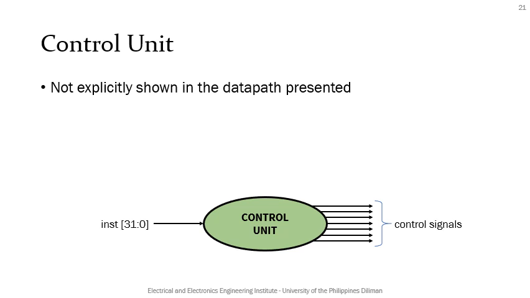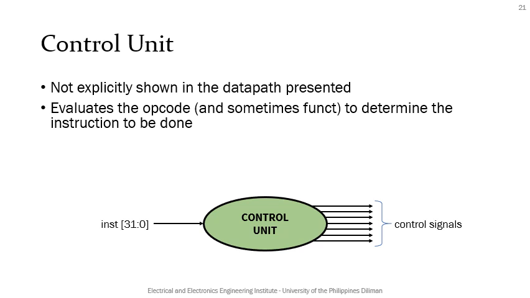The data path and control unit were identified to be the two components of the processor. As such, the details of the control are normally hidden when drawing data paths. However, we should always remember that it is the control unit that generates the control signals from the 32-bit instruction code.